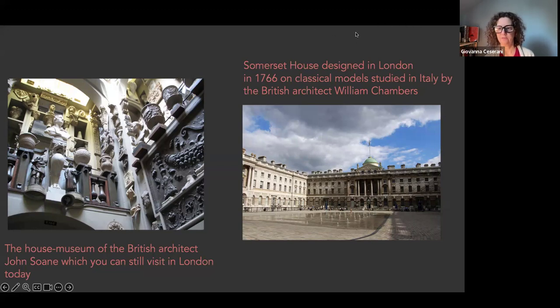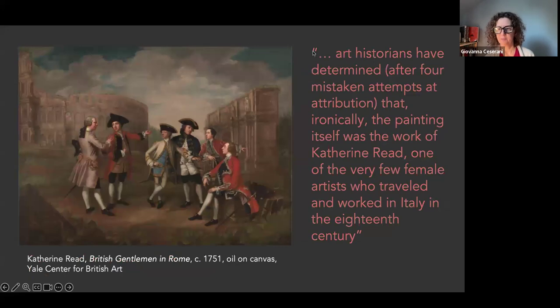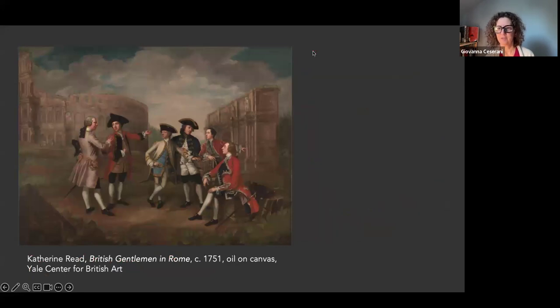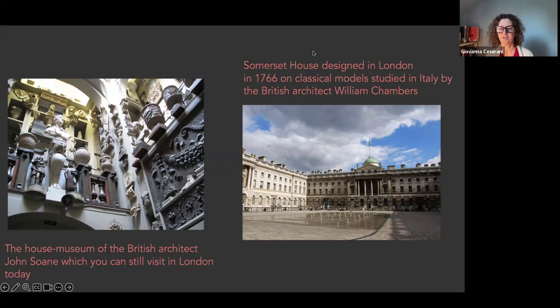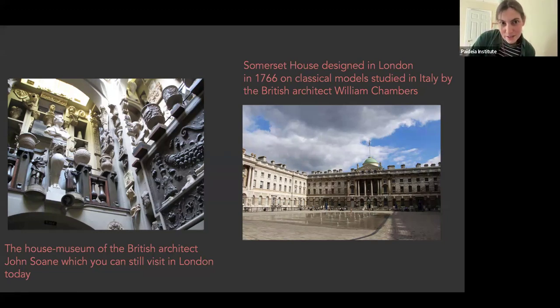Let me know if that is a problem, because I don't want the images of the participants to hide the slides. I can see the two images that you shared, and we can also see you. Okay, wonderful. Then it's working well.